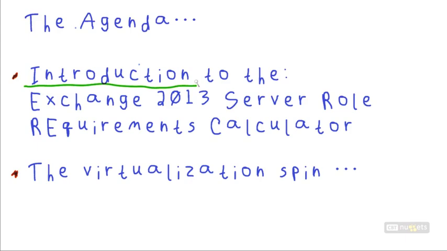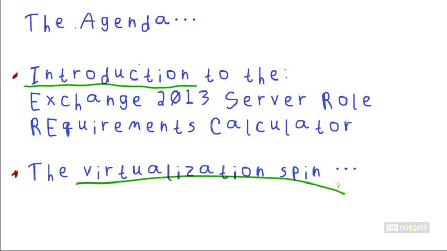Now, this calculator can be kind of complicated. The reason is that a lot of time and effort has gone into making it really good, but it means that you've got to answer all of the questions, and there's a lot of questions and options to answer. So we're going to do an introduction to this, but we're going to do it with a virtualization spin. And that's what I meant, it's really one bulleted item.